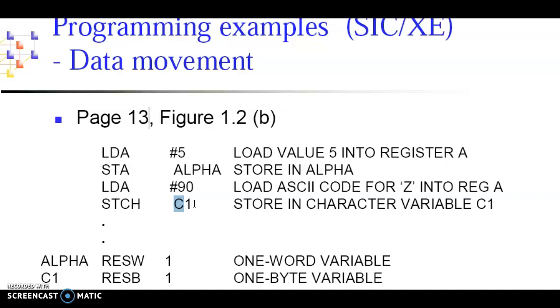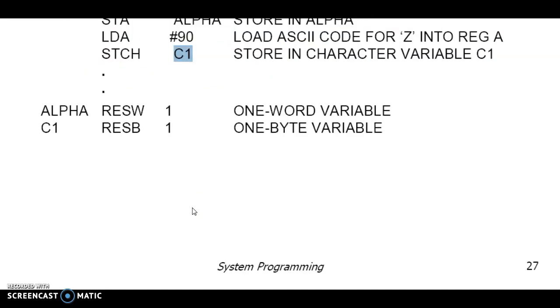So what STCH does is take the value 90 from the accumulator, convert it to the character z based on the ASCII code, and store it in C1. This is a data movement operation.